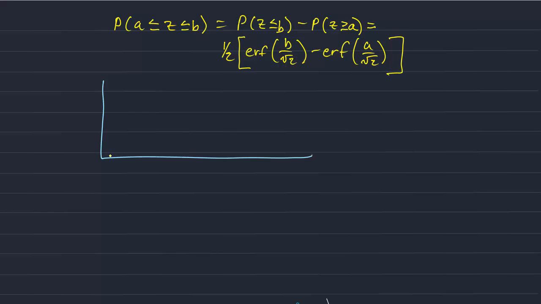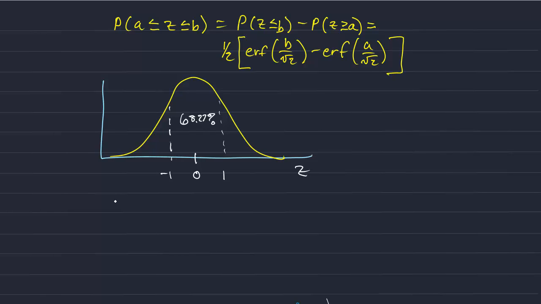There's our axes, and here's our Gaussian, and this is z again, and it's centered on 0, so the probability of z lying between -1 and 1 is equal to 68.27%.